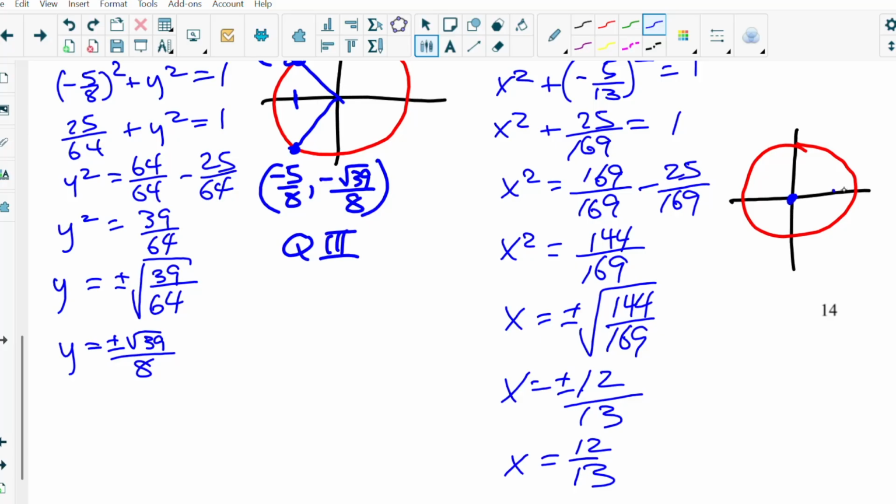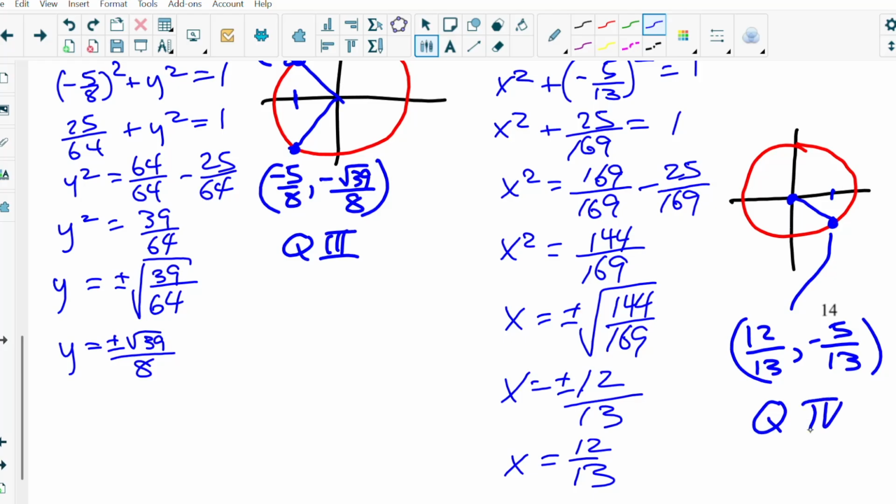Okay, start at the origin. This should be an x value. Sorry, folks. 12/13 and a y value of negative 5/13, which is in quadrant 4. Okay.